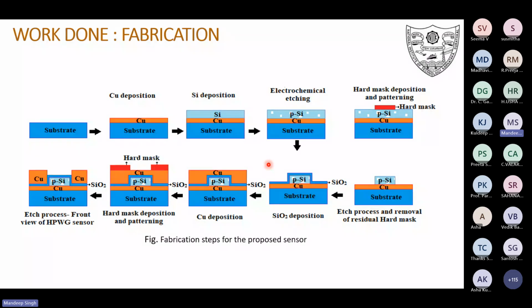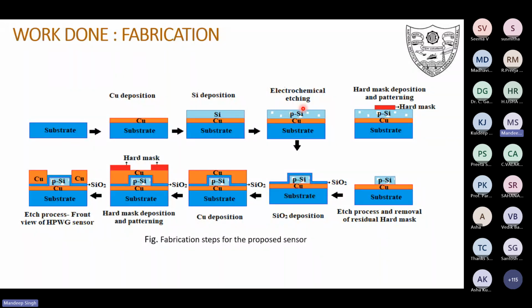So how such sensors can be fabricated. You can see we have to start with the substrate, then copper deposition, because as I told, it is CMOS compatible if you are using copper instead of gold. Next, again we have to deposit silicon, and then this is the important step, that is electrochemical etching.